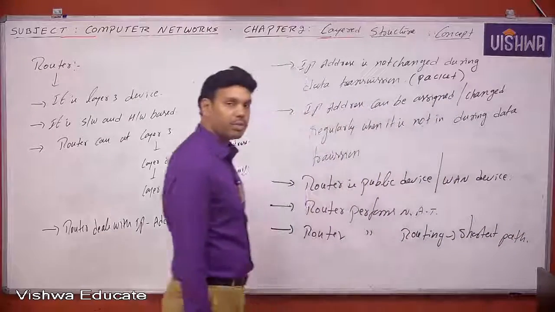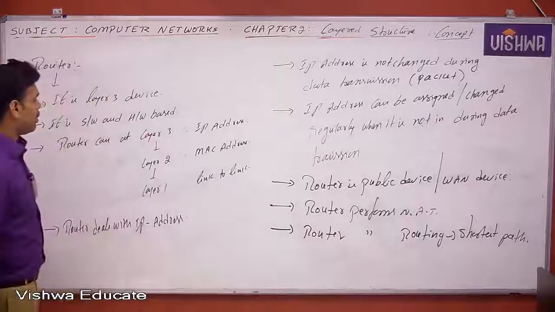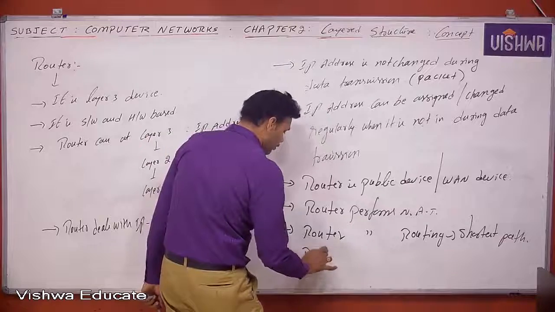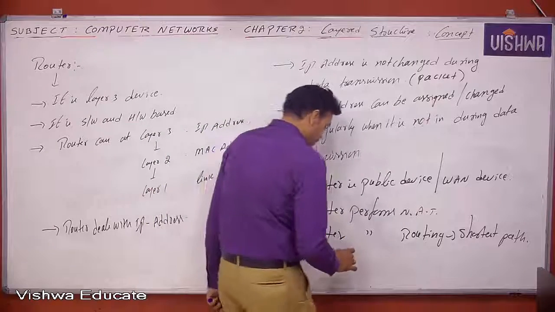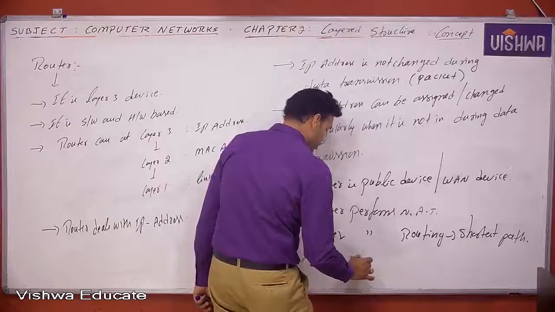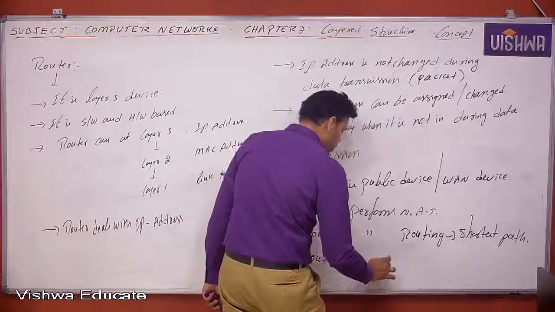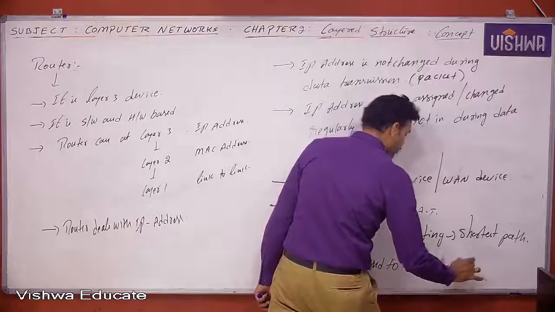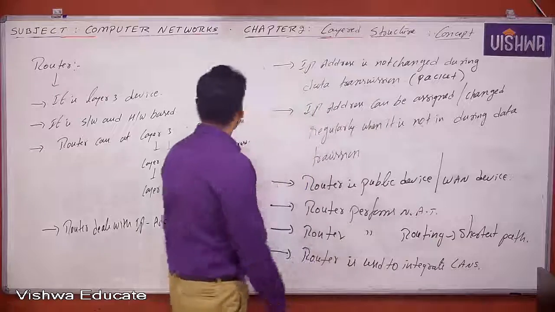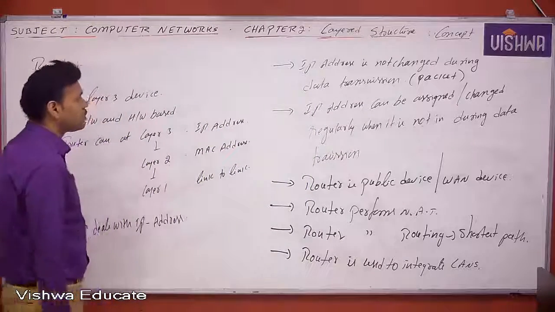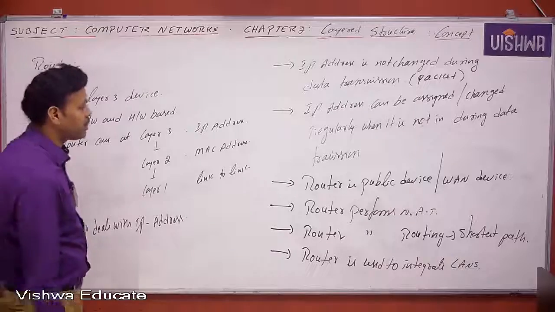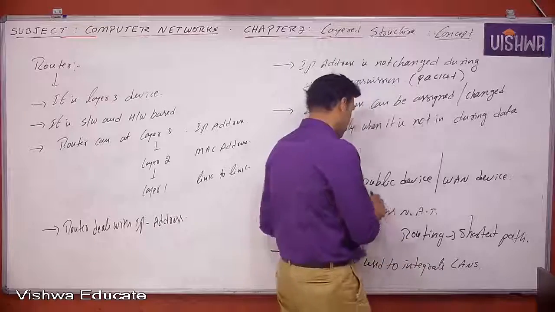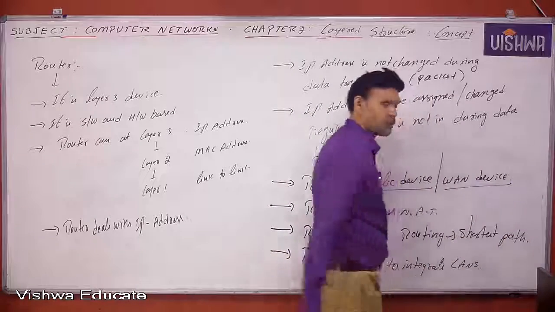This is another important point. So what is the diagram I showed you in the morning? That is, a router is used to integrate LANs. That's why I said a router can also be called a WAN device. Just copy this.